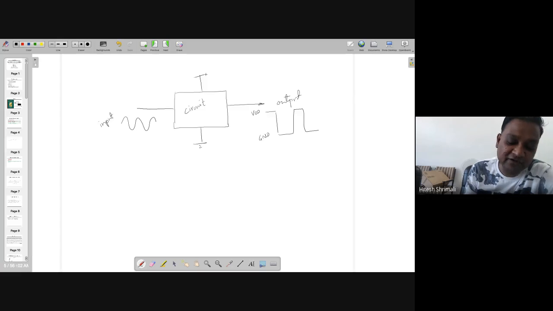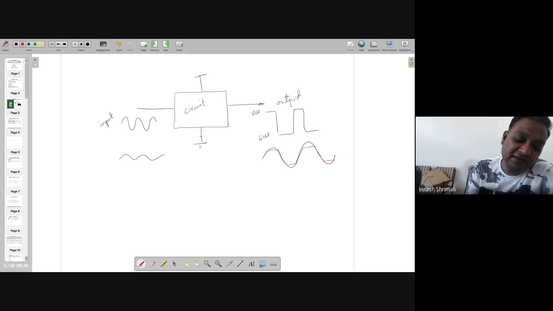However, if you want to find out the small signal, you have to apply a signal small enough so that it may reach VDD and ground, but not go beyond that. But if you are seeing the saturated one like this, then that particular input signal is a large signal.